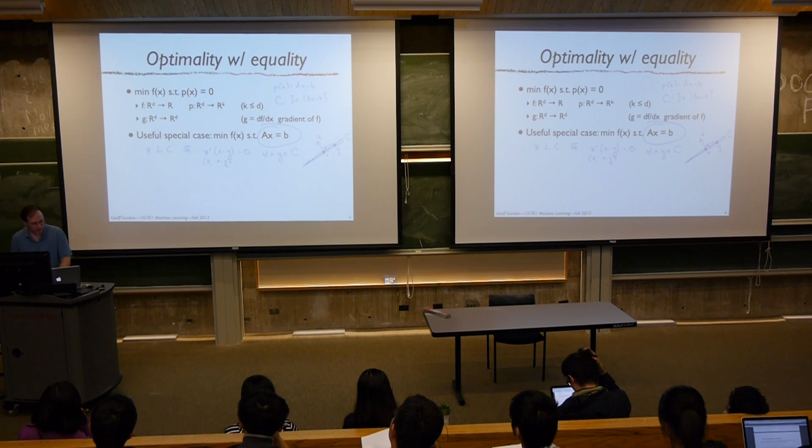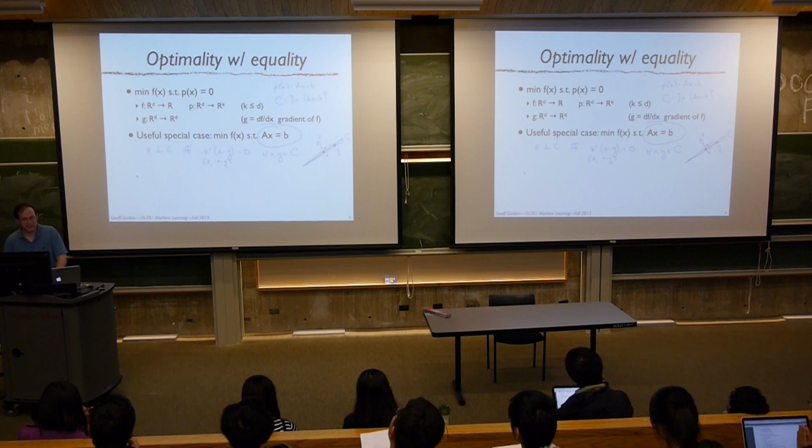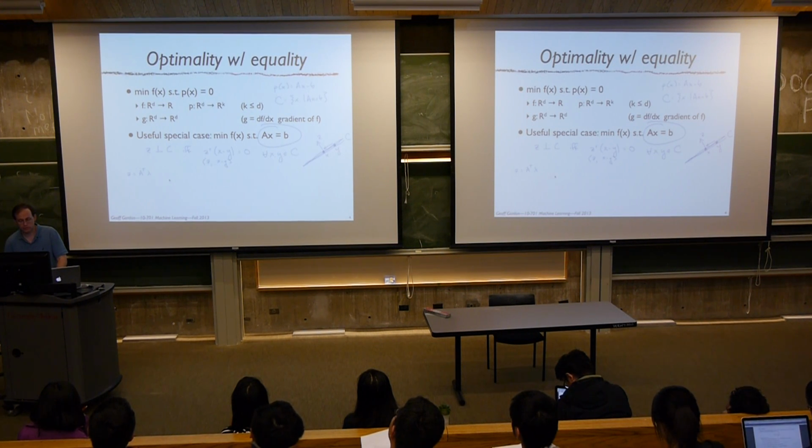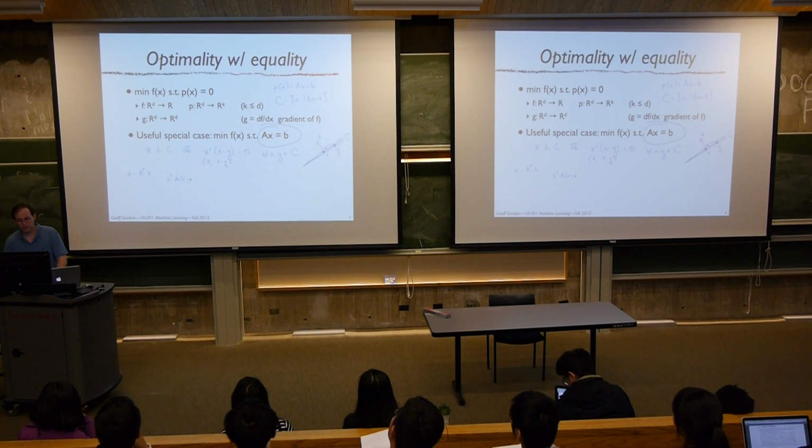Okay, so here's an idea for how we might get such a z. Suppose we set z equal to A transpose lambda. Why would we do that? If we substitute that in, z transpose (x minus y) is lambda transpose A(x minus y).